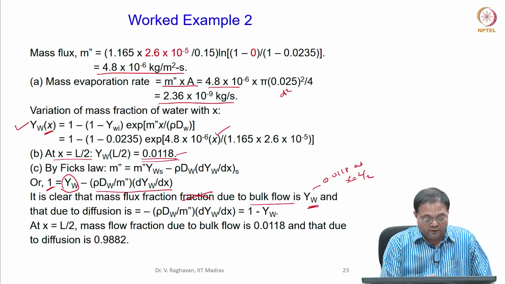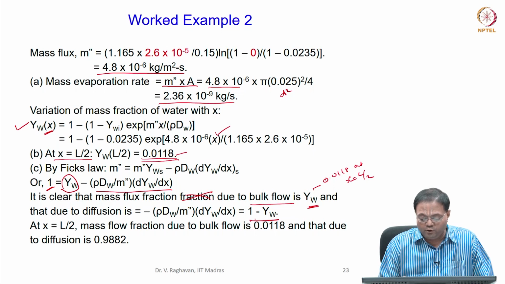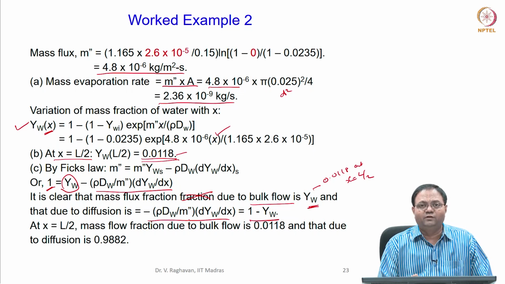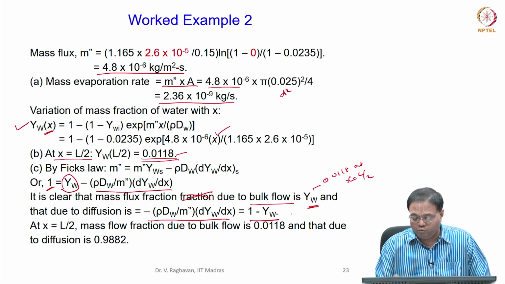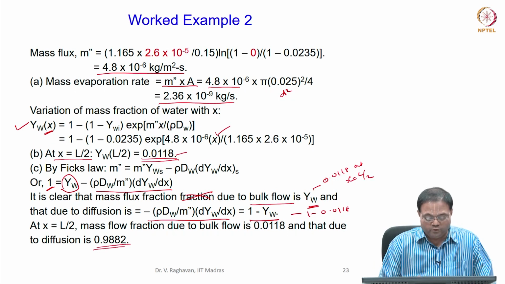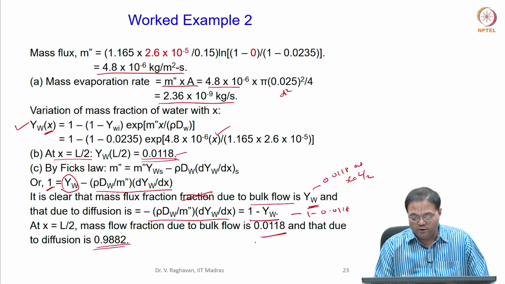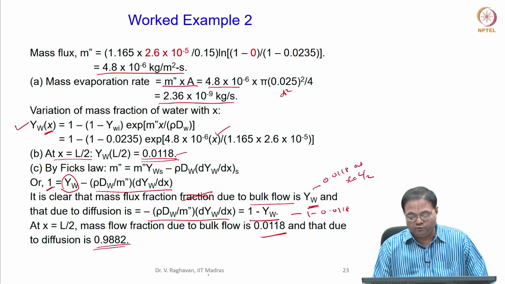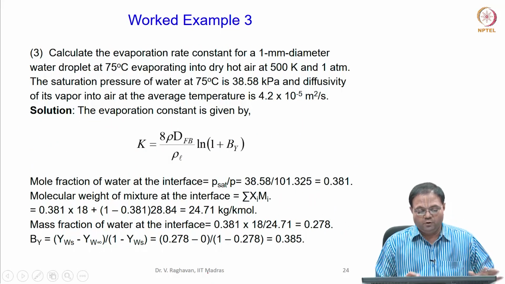Similarly, the component due to diffusion is 1 minus yw. You need not evaluate this, it is 1 minus that, so 1 minus 0.0118. So, you get the component due to diffusion as 0.9882 and due to bulk flow convection as 0.0118. Okay, so this is the second problem.